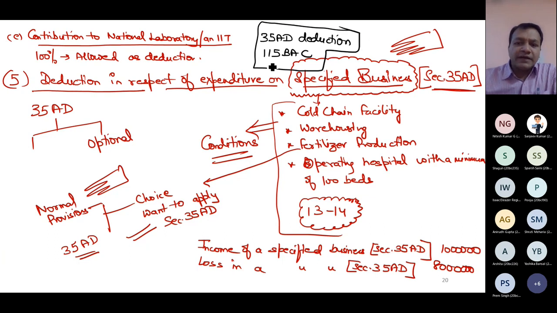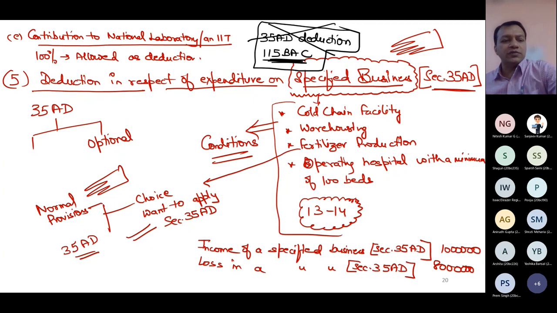If you have opted to pay tax as per optional taxation scheme, then you cannot claim the deduction of section 35 AD. You must note this somewhere, so that if you get a small theory question on section 35 AD for 5 marks maximum, you can mention this point also, that deduction of section 35 AD is not allowed if the assessee has opted for optional taxation scheme.